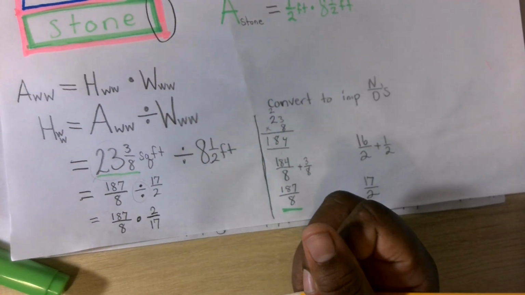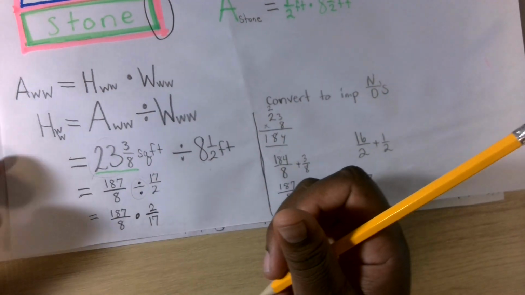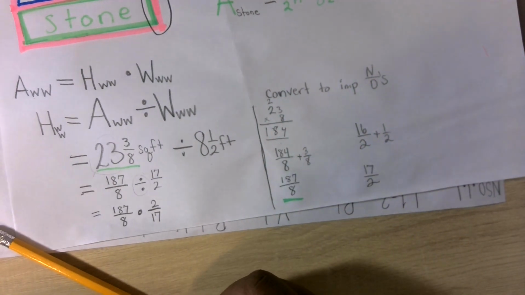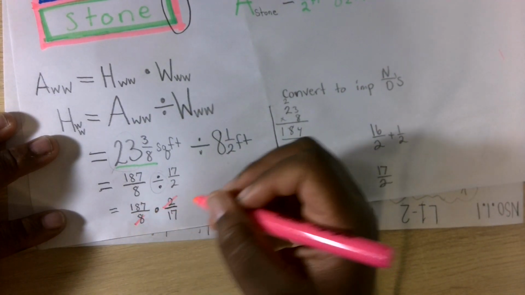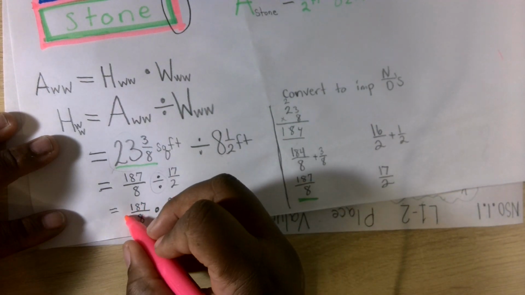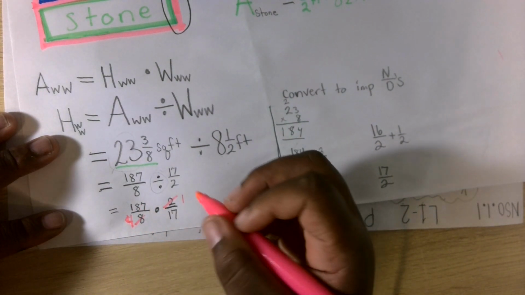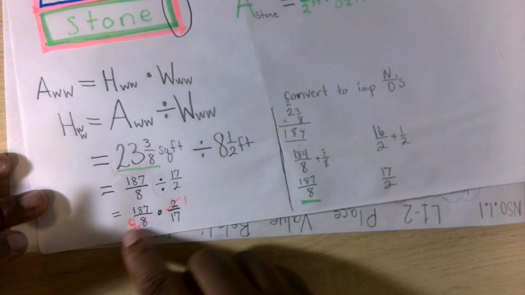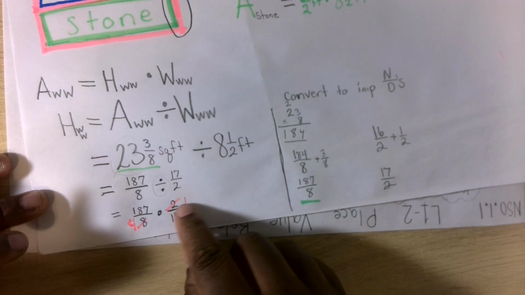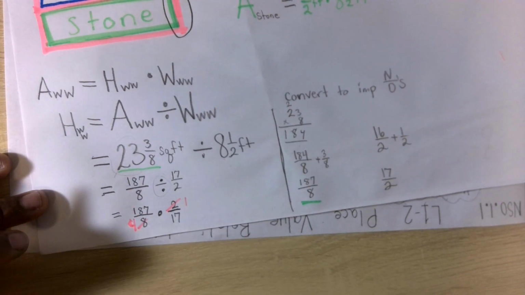Before I multiply these fractions and make the numbers bigger and bigger, I'm going to simplify where I can. I can see that 2 eighths, if I divide both of these by 2, 2 divided by 2 is 1, 8 divided by 2 is 4.